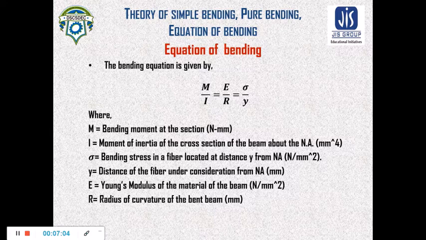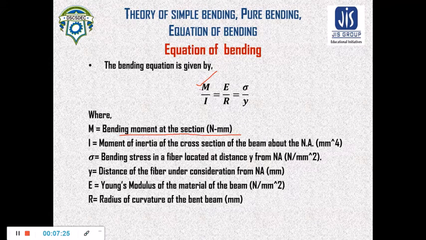Now we will see the equation of bending. The equation of bending is given by M by I is equal to E by R is equal to sigma by Y. Now this M is known as the bending moment at the section, in Newton per mm.